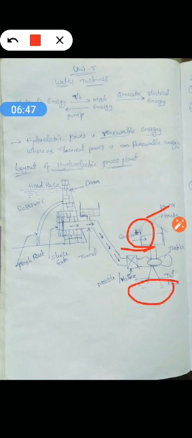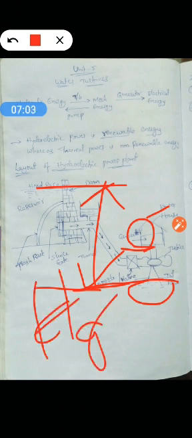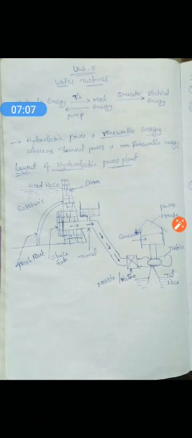That means the wastewater is reserved in this tail race. So the difference between head race and tail race is called gross head, Hg. So this is the main layout of the hydroelectric power plant. So just draw the diagram and explain each and every component.